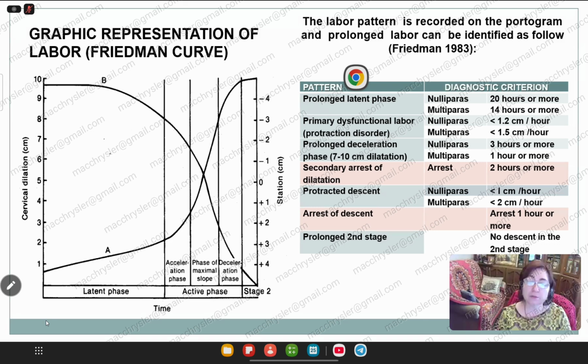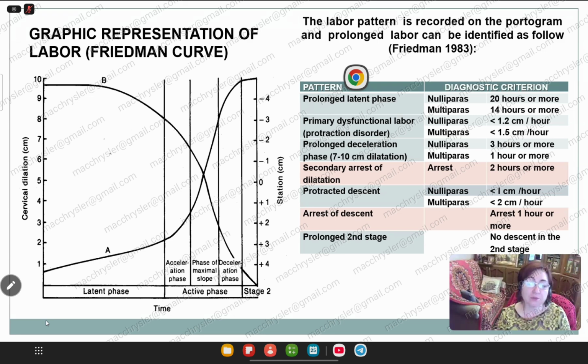Prolonged acceleration phase occurs if we have 7-10 centimeters taking 3 hours or more for nulliparous, and for multiparous 1 hour or more.